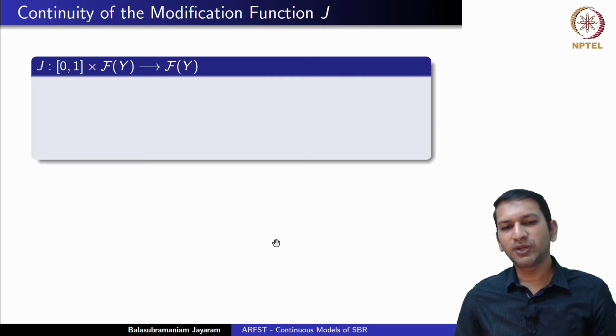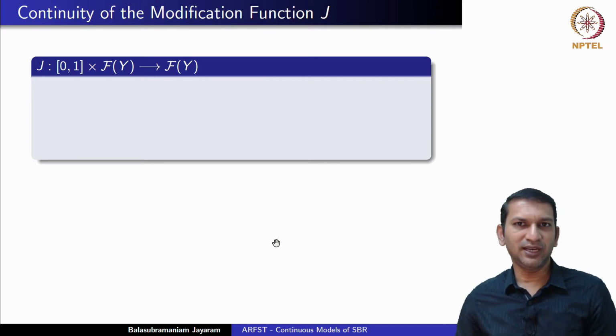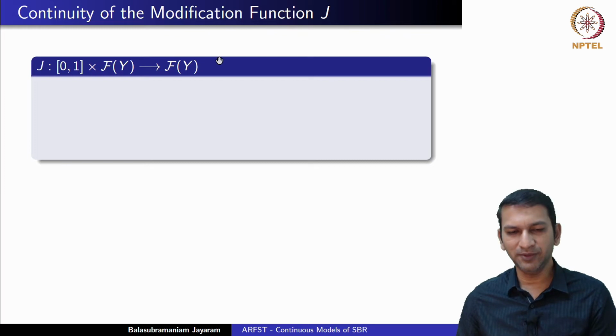Now let's look at the modification function. We know that it takes a similarity value which comes from [0,1], takes the consequent Bi, which is a fuzzy set on Y, modifies this and gives us a Bi', which is again a fuzzy set on Y. So it's a function from [0,1] cross F(Y) to F(Y).